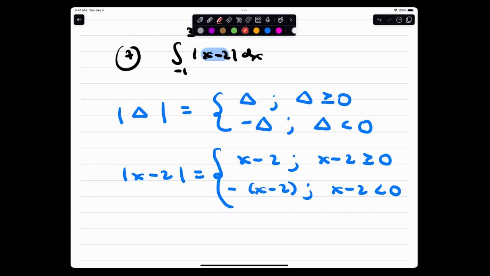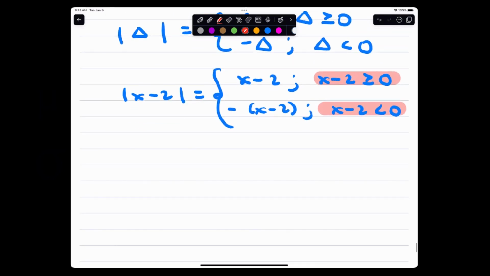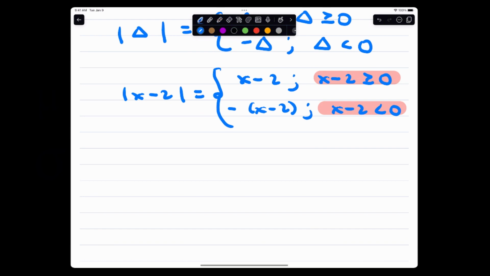What you really have to do here is solve a simple linear inequality. Right? What do they mean by that? Do you guys know what x minus 2 being greater than 0 means? What does that even mean? That means x will be what? Greater than or equal to 2 if I add 2 to both sides, right?